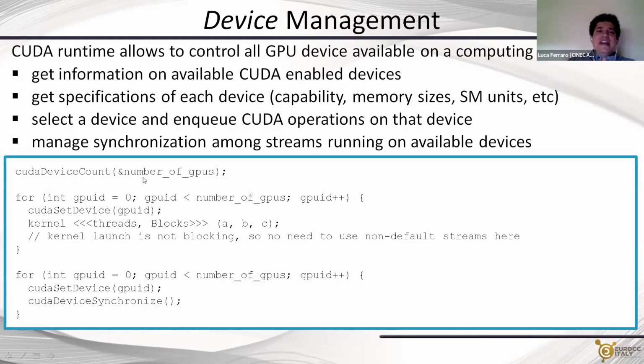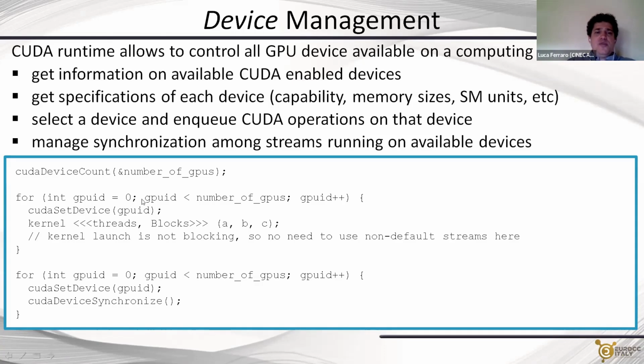So once we have the number of GPUs, for example 4 GPUs, you can loop over the GPUs, with the GPU ID running from 0 up to number of GPUs minus 1. The IDs of the GPUs are integer numbers that go from 0 up to the number of GPUs minus 1, so it is a C-like indexing.